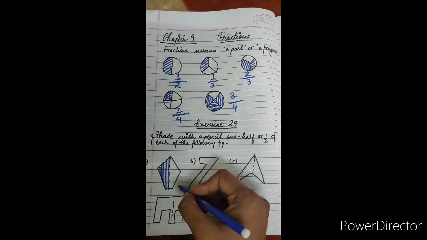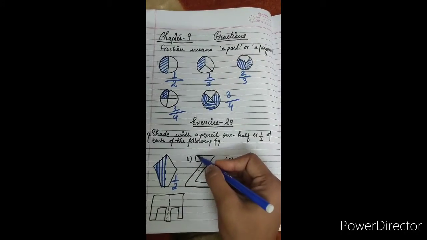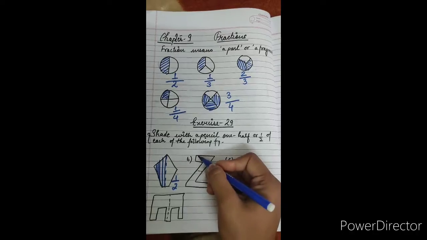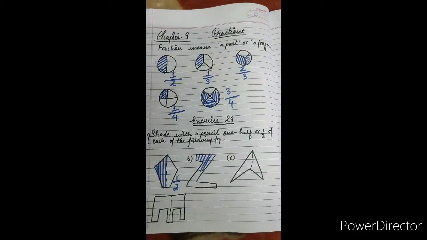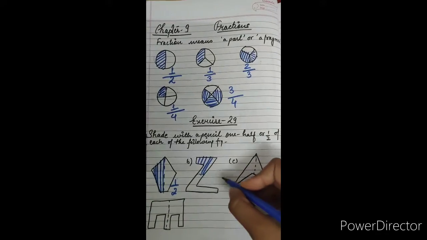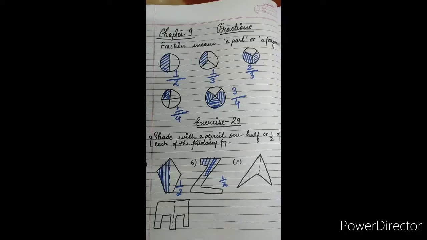Total parts 2 and how many parts are shaded? 1. This is also 2 parts. One part is shaded and second part is unshaded. This is also 1/2.